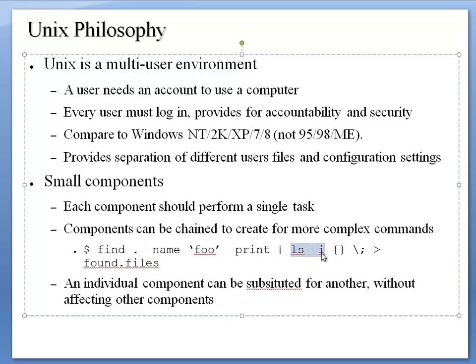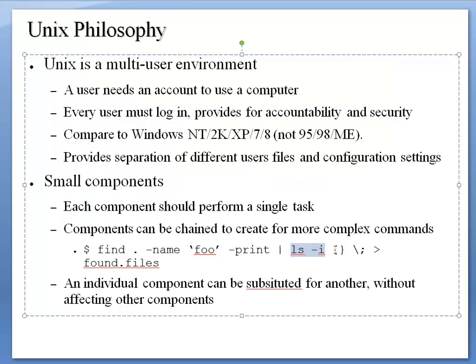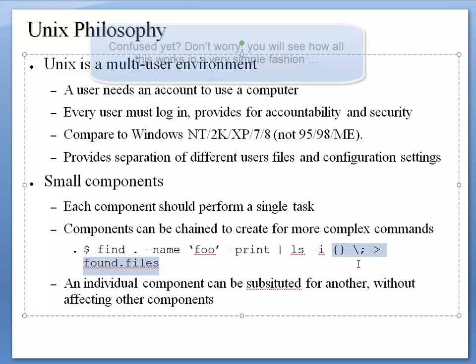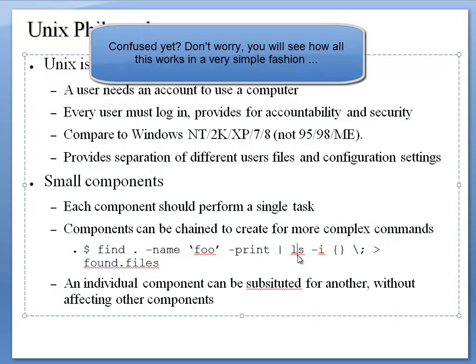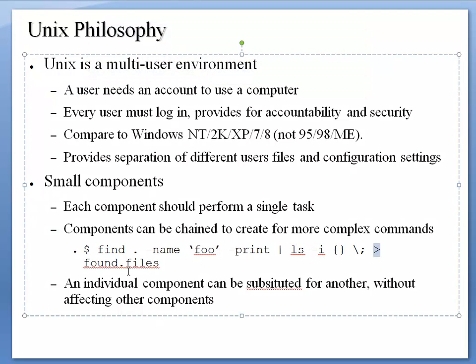And ls is simply a directory listing, like you see here. And finally, the remaining portion is to say, okay, take whatever this is, and I want you to redirect that. See the greater than symbol here? Redirect it to a file named found.files.